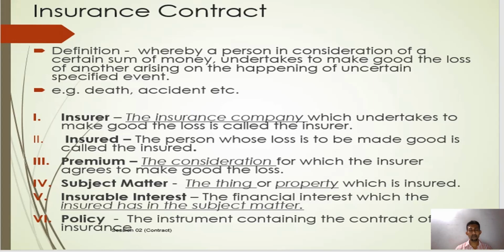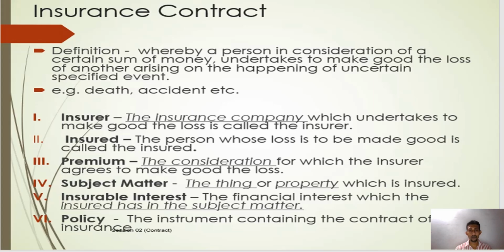So some of the main elements that we see in a contract include there is an insurer, there is an insured, there is a premium, there is a subject matter, there is an insurable interest, and there is a policy. So what are these elements?